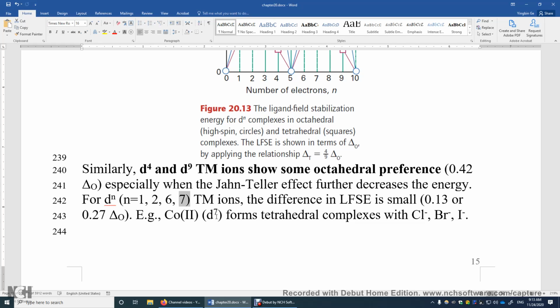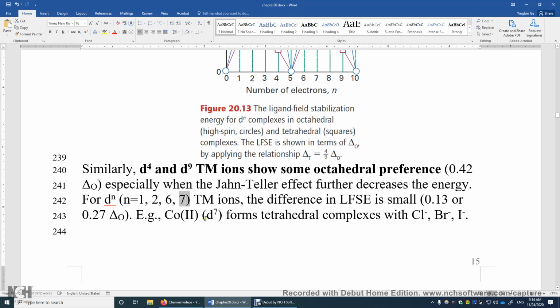So it's actually just the DXZ and DYZ orbitals, and the Jahn-Teller effect is very small for T2G orbitals. It's much larger for the EG orbitals, only because DYZ and DXZ are not pointing directly in the Z direction.